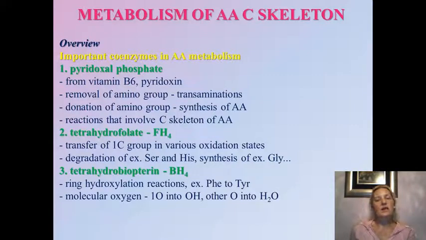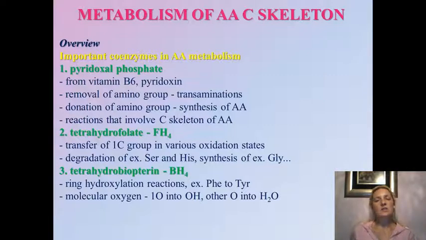So first let's list the important coenzymes in amino acid metabolism that we are going to mention and repeat from time to time, and in order not to make digressions at the time, let's list them now. The first one is pyridoxal phosphate, which is derived from vitamin B6 pyridoxine, and this one is used for removal of amino groups from amino acids in the process of transamination, and that is something that you have already heard about in our previous video.